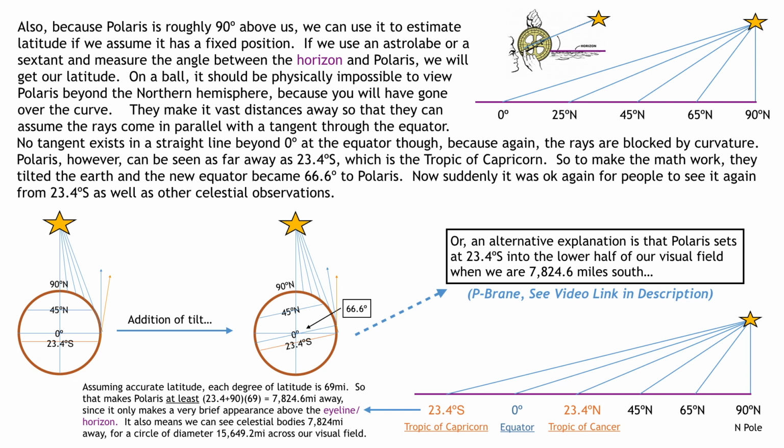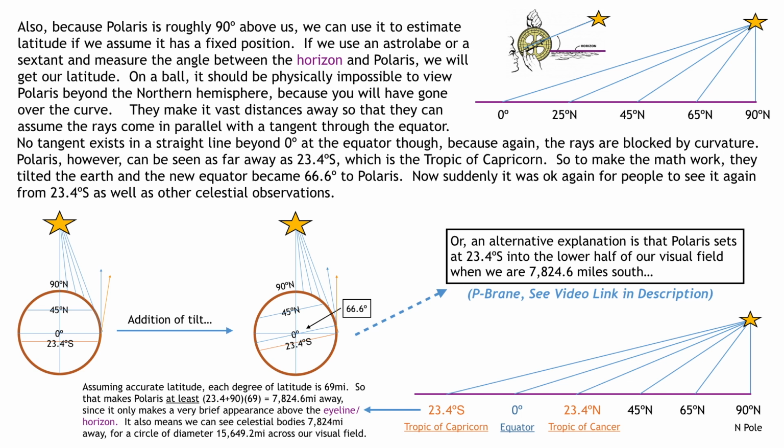No tangent, again, exists in a straight line beyond 0 degrees at the equator, because, again, they are blocked by curvature. Polaris, however, can be seen as far away as 23.4 degrees south of the equator, which is the Tropic of Capricorn. So to make the math work, they tilted the Earth, and the new equator became 66.6 degrees to Polaris. Now suddenly it was okay again for people to see it from 23.4 degrees south, as well as other celestial observations.